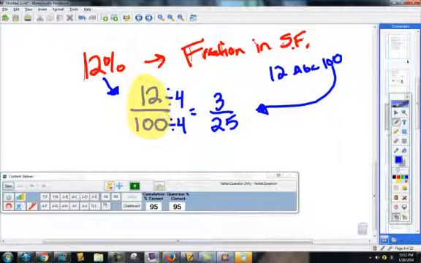If we were turning that into a regular number, we would do 12 divided by 100, right? Turning a percent into a regular number, we're dividing by 100. Everybody got that? So 12% is 12 out of 100, which would mean 12 divided by 100, which would give you 0.12.